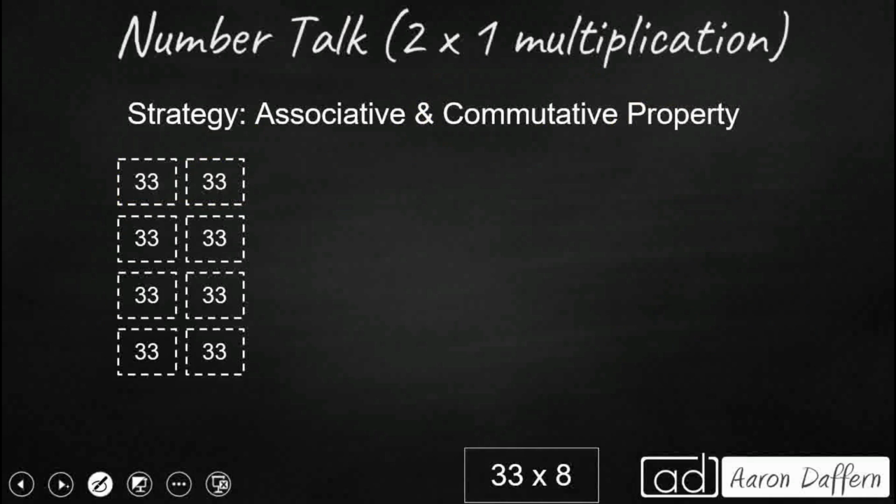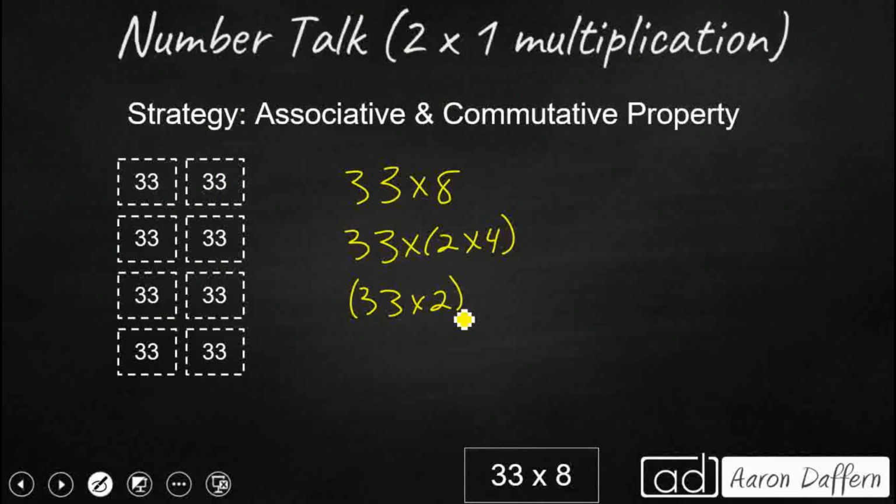And then finally, we can take a look at our 33 times 8. And instead of breaking up that 33, let's break up that 8. Let's make it 3 times 2 times 4. And so we're going to shift this grouping. Instead of 2 groups of 4, I want 33 groups of 2. So I shifted those parentheses over, but that's going to be crazy. I don't really want 33 groups of 2, so I'm going to use my commutative property to get these two terms switched.